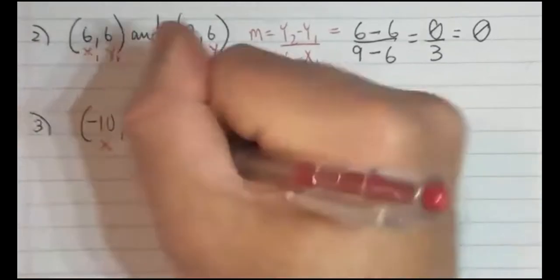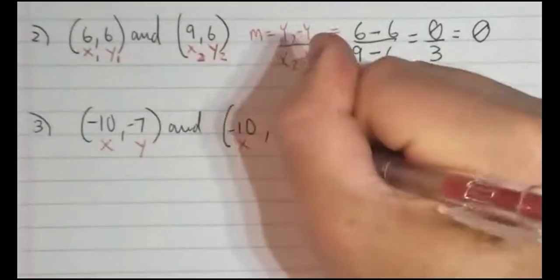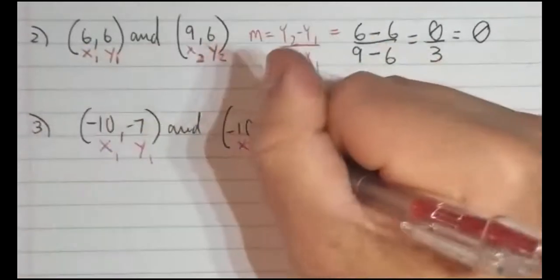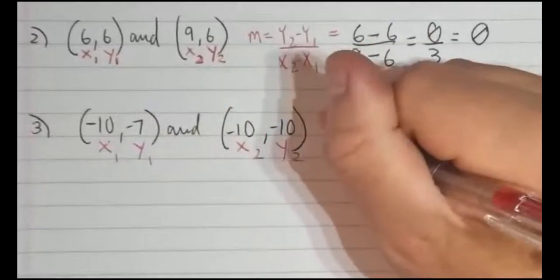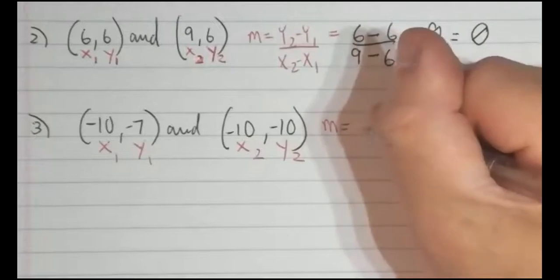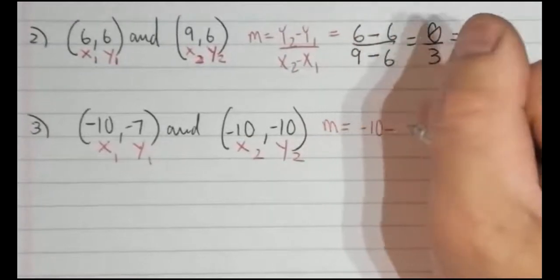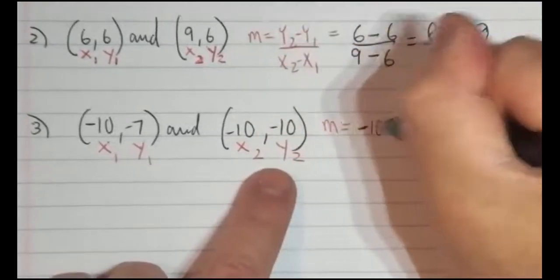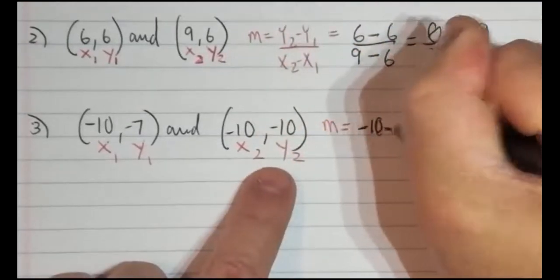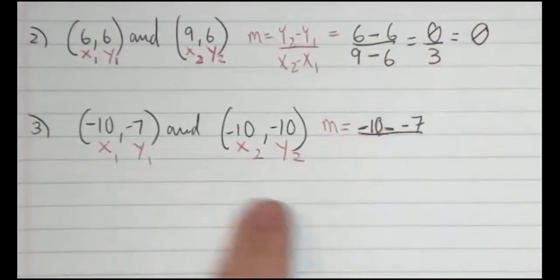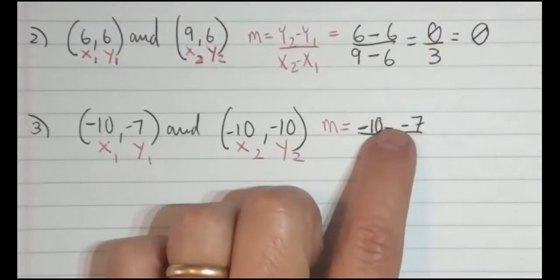So first thing always, label our points: x, y, x, y. This is x1, y1. This is x2, y2. So our slope is y2, which is -10, and we are subtracting y1, which is -7. And this is kind of that first example. Remember, we're going to have these double negatives.